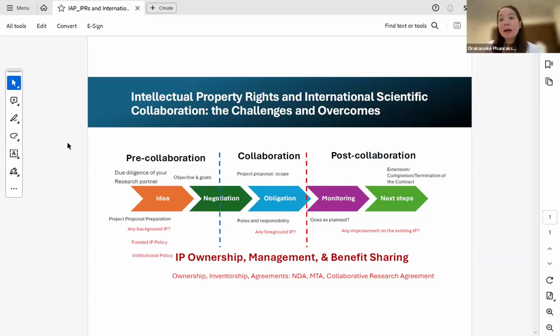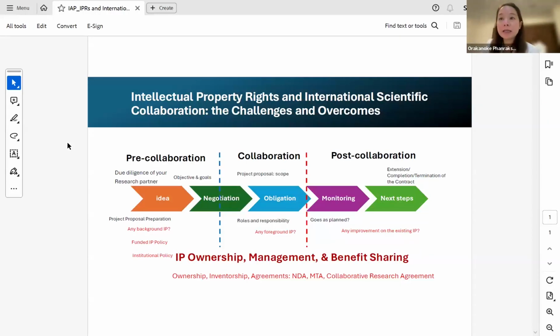And once your project kicks off, you may have to start monitoring what comes out of your project. Is there any room for improvement of the project that you have been working on together with your partners?